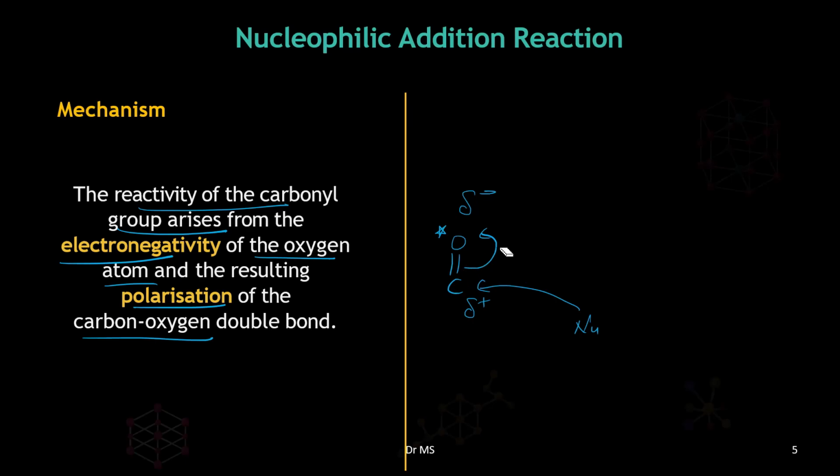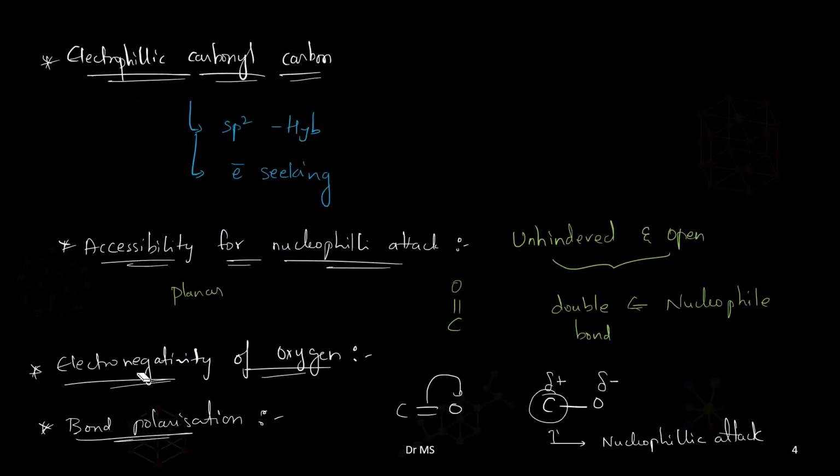Next one is the structural features. It is showing the planar geometry, and it is relatively unhindered. So those are the two factors that we saw. One is on the oxygen, whether it is electronegative or not. If it is electronegative, then it can create the bond polarization, so partially positive, partially negative.